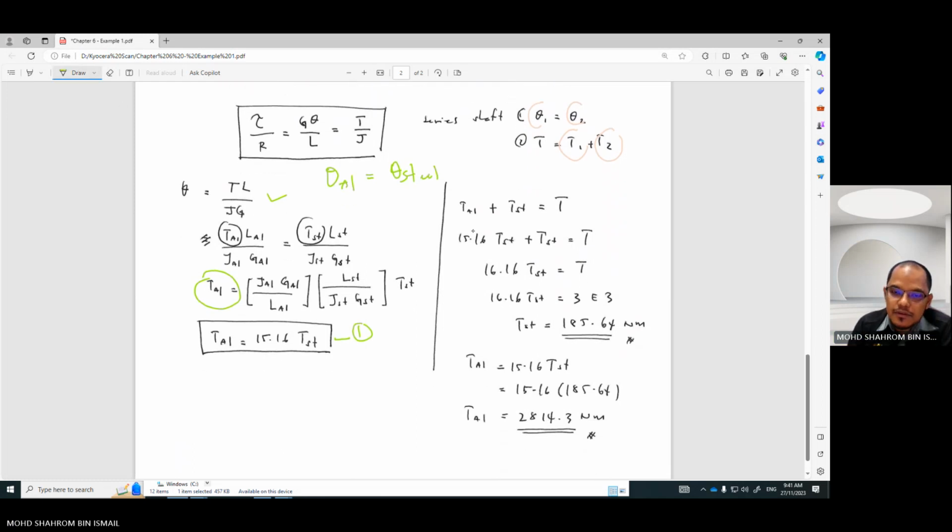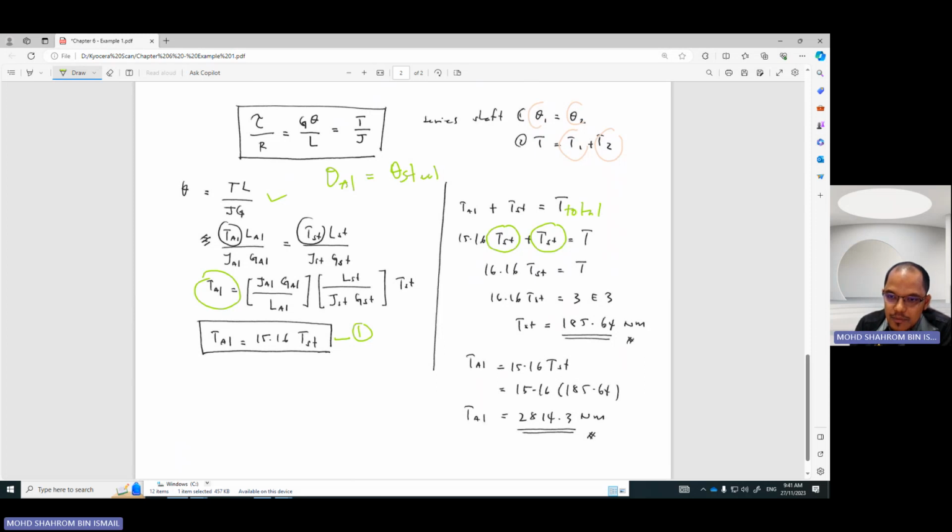To solve it, torque aluminum plus torque steel is equivalent to torque total. So you arrange it this way. We know torque aluminum is 15.16, so we got 2 torque steel here. Then simple mathematics, something like that.